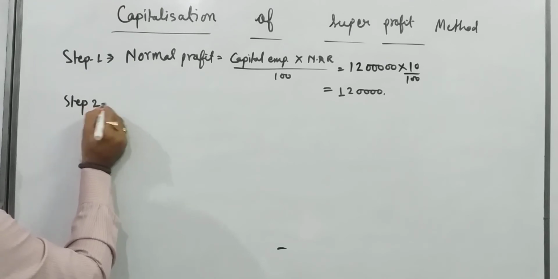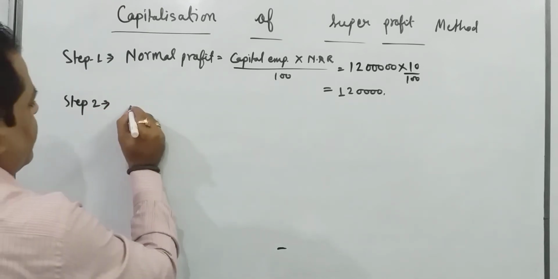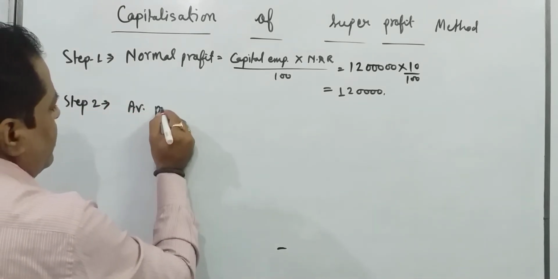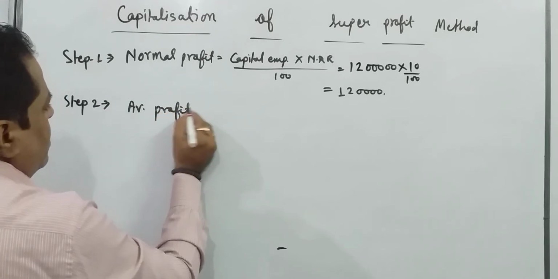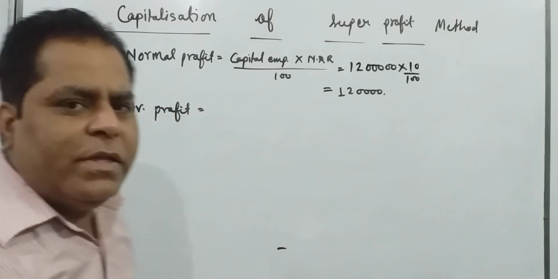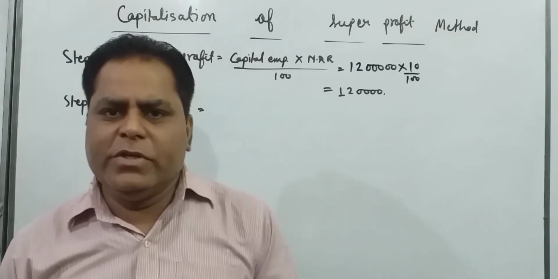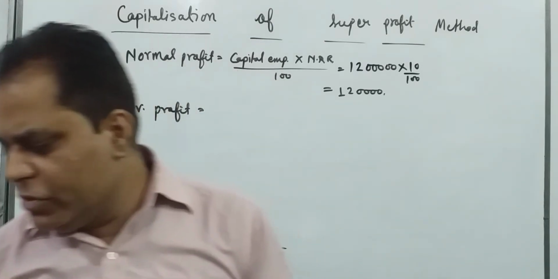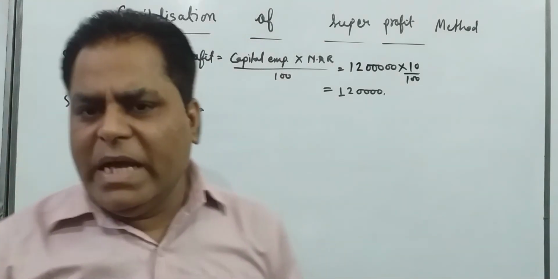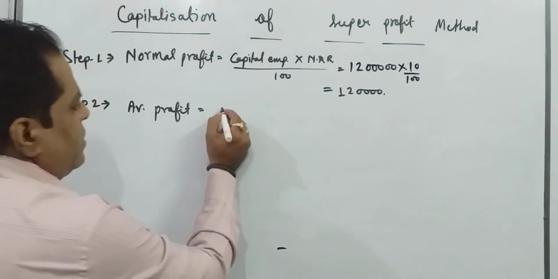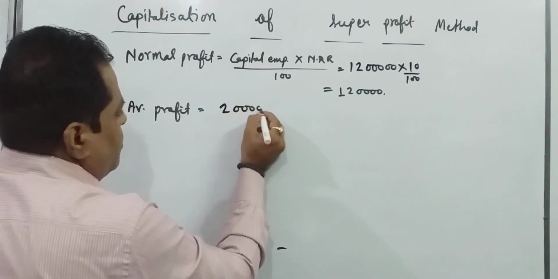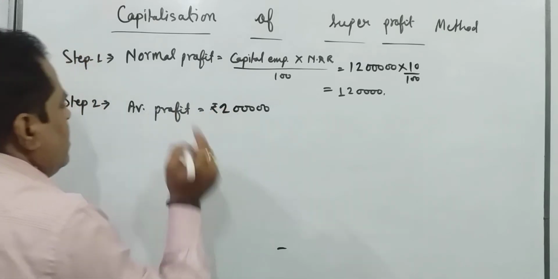Step 1. Now step 2, you need average profit. Dear student, in this question average profit is already given. You just use this information. Average profit is given, 2 lakh. So I am writing rupees 2 lakh is your average profit.